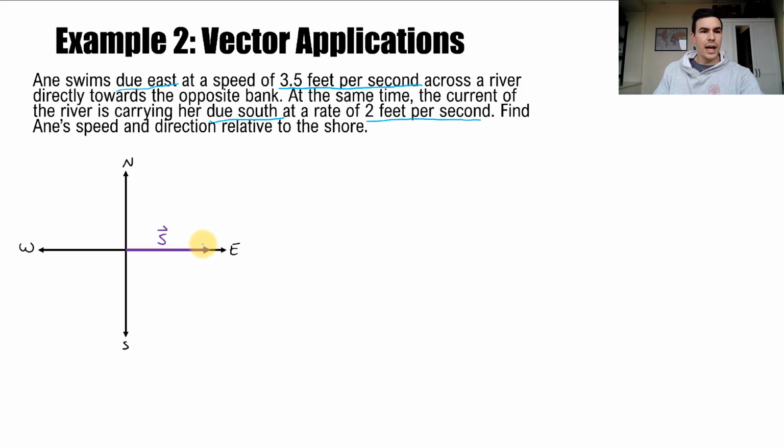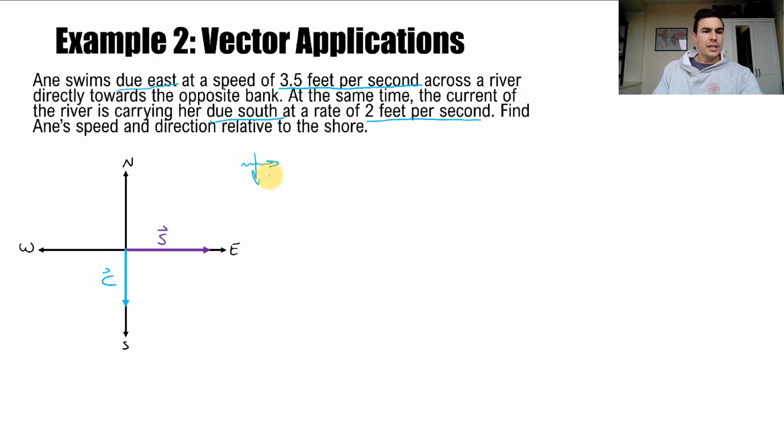Okay, so we'll say vector S for swimming is going to be due east here, and that's going to be 3.5 feet per second. And then we have this vector C, we're going to call it C for current, and that is taking her due south. All right, so our river is flowing south, our swimmer is swimming east like that, okay?